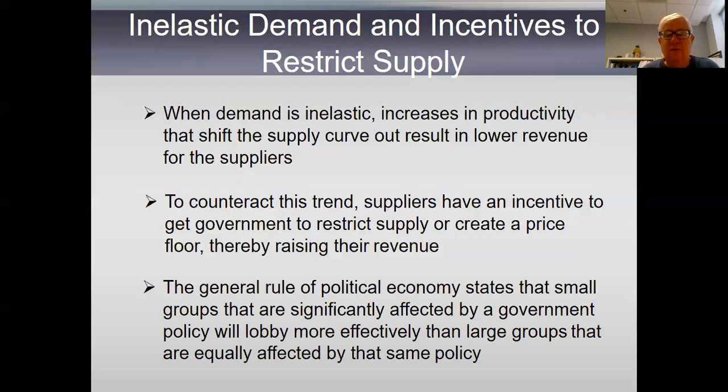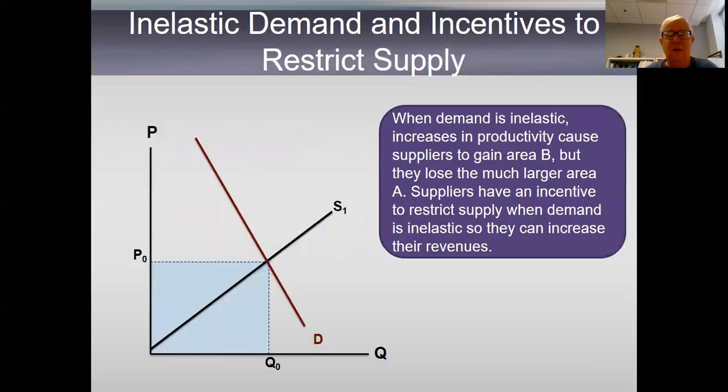Generally, small groups that are heavily affected by a government policy, we expect that they will lobby more effectively than large groups that are equally affected by the same policy. Now let's think about inelastic demand and incentives to restrict supply. So here we've got an example where the demand is inelastic.